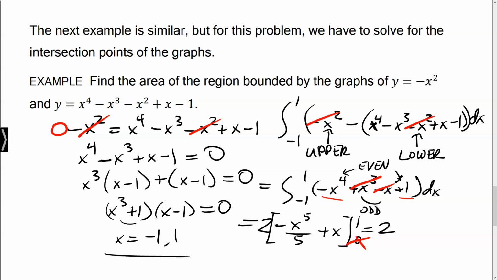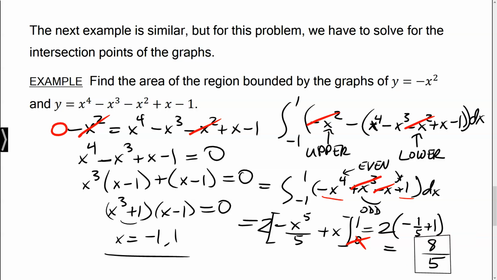So we end up with 2 times minus 1/5 plus 1. So what does that make? 4/5 times 2, 8/5. So that goes to show you another example there. We get area exactly equal to 8/5.